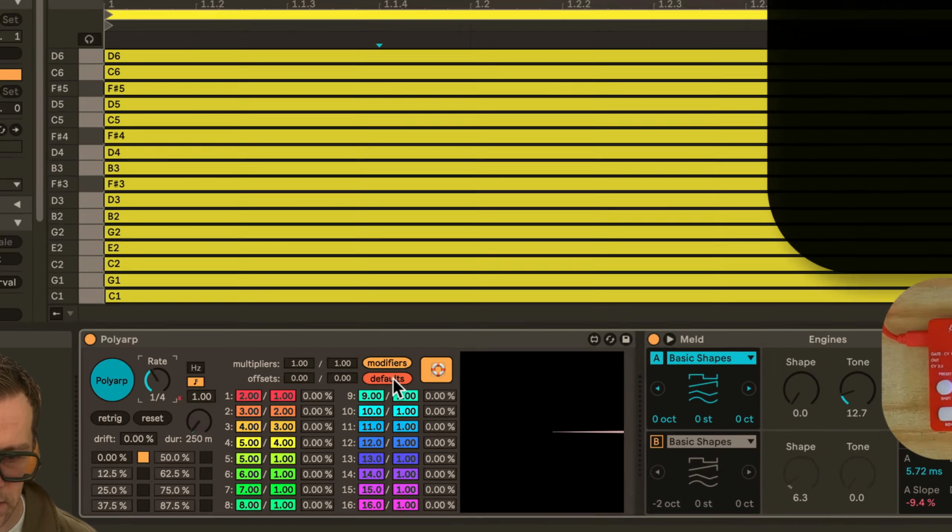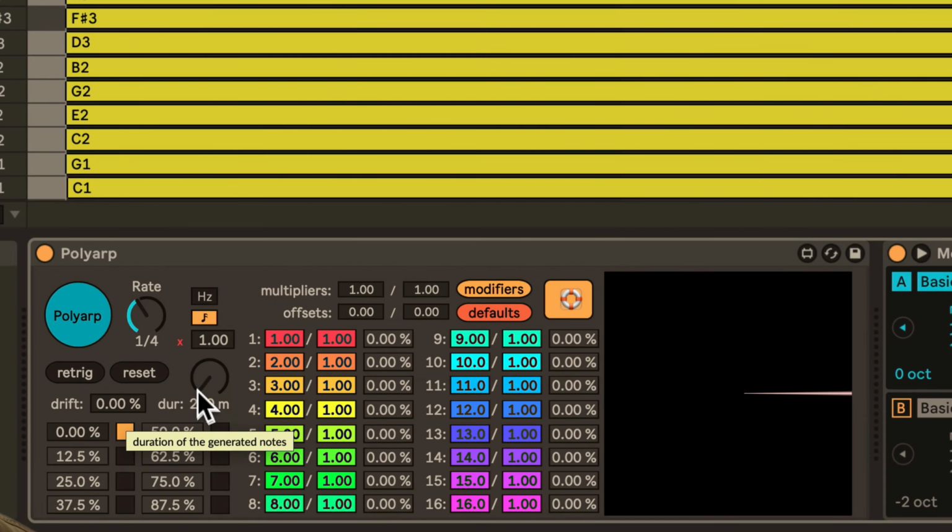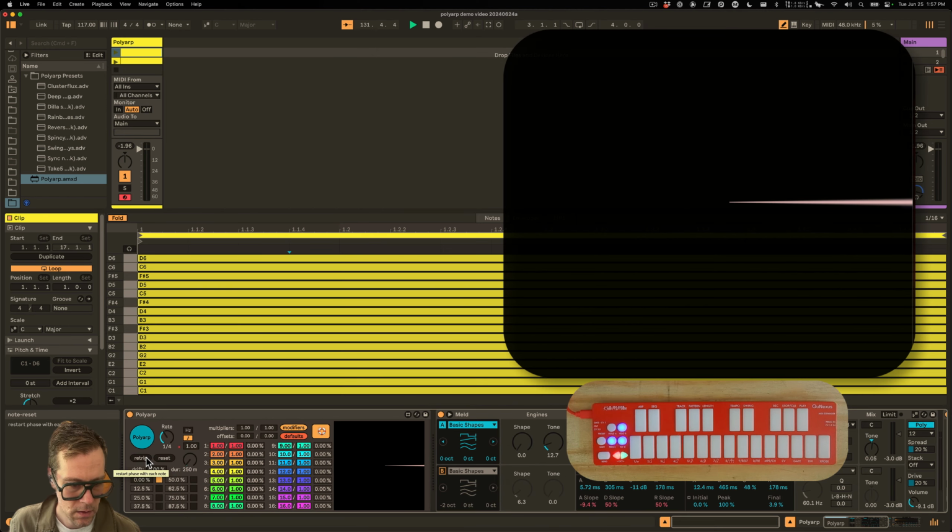And you can go back to the default ratios by clicking this defaults button. Retrig, when that's turned on, is going to make each note reset its repetition cycle when a new note is played.